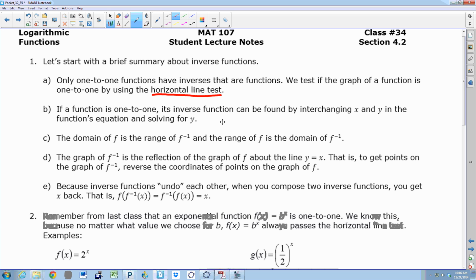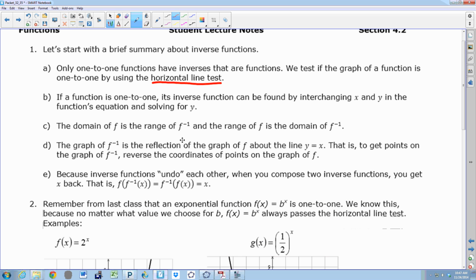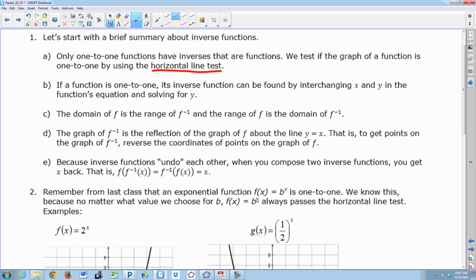Right, so we did this. This was our algebraic approach for finding the inverse function. We just switched x and y, and then we solved for y, and voila, we had our inverse function. Right, and this was a really big discovery, especially for graphing a function and its inverse.